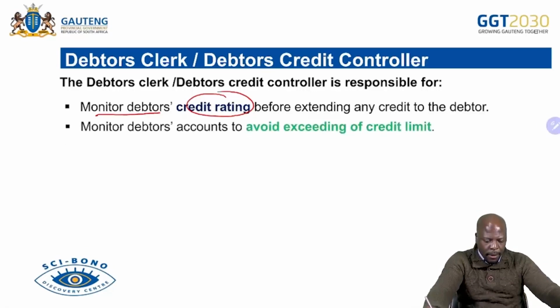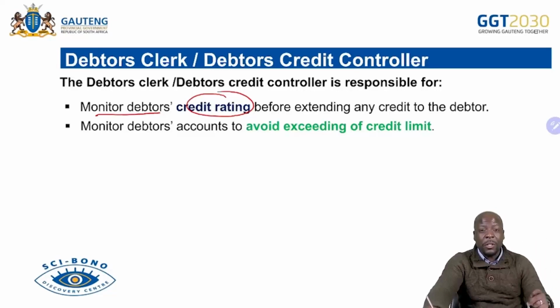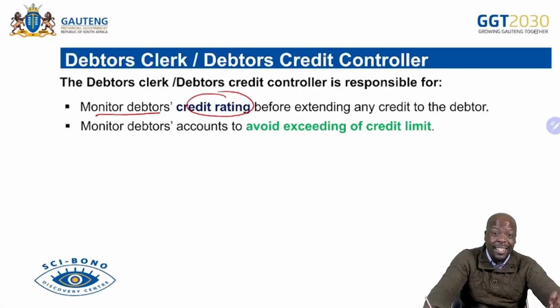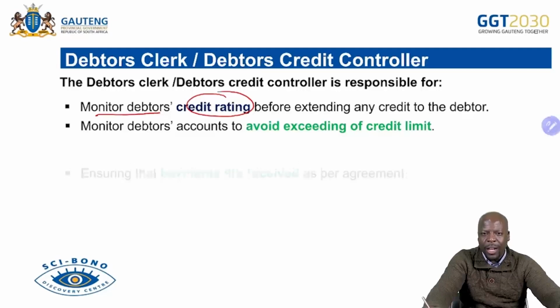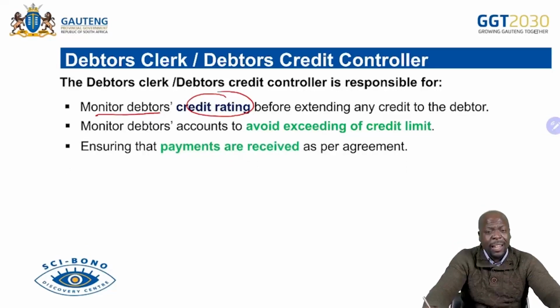Okay, and then they monitor debtors accounts to avoid exceeding the credit limit. This is very important because we wouldn't want our debtors to buy beyond what we allow them to. The person that is responsible to monitor this is what we call the debtors clerk. They monitor the debtors account so that we don't allow debtors to buy beyond the credit limit. I'm going to explain later what the credit limit is.